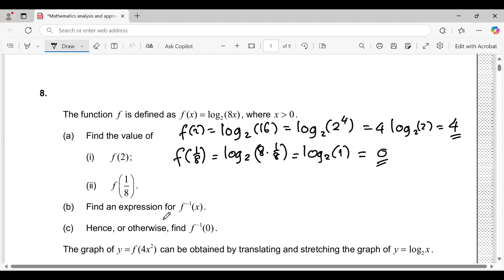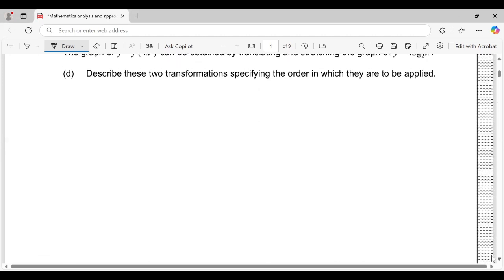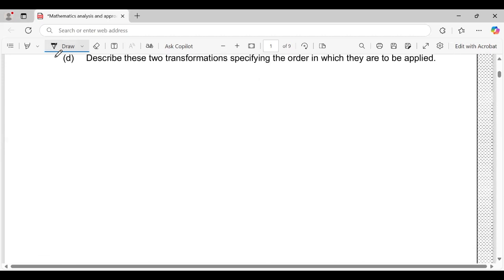Find an expression for the inverse of f(x). f(x), or y, equals log 2 of 8x.